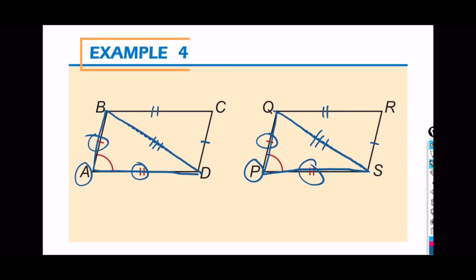Now, by this point, you should be wondering if we maybe have some other congruent triangles, and we do. Statement number 6 just uses the transitive property or some creative substituting to name the corresponding pairs. And statement number 7 gives us that the other pair of triangles, BCD and QRS, are congruent. Then the last statement tells us that the two parallelograms are congruent by the theorem at the top of the page.